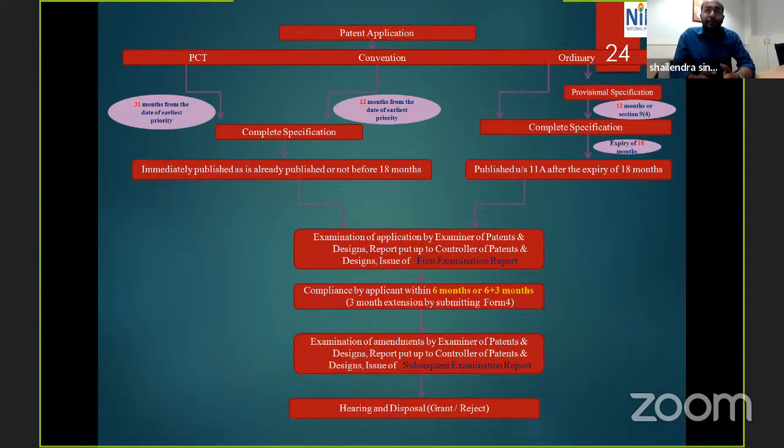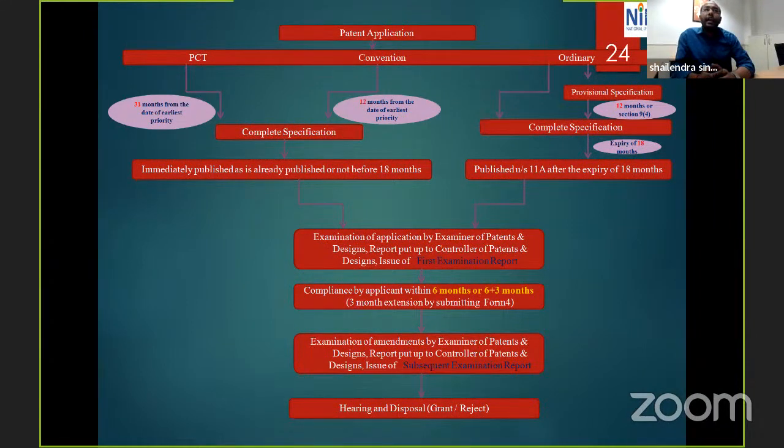Second is the inventive step. Inventive step means your application should have some new innovation, something new added. If you are working on prior art, adding some new technology or any new element, then there should be something new added to that, and this is called the inventive step. And the third is industrial applicability. Industrial applicability means it should be industrially feasible.